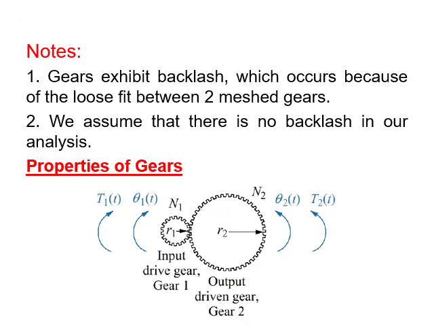In the theory of gear, we are going to think of it as T1 with theta 1 at one side of the gear. On the other side of the gear is going to be theta 2 and T2. The radius of this gear is R1 and the radius of this gear is R2.